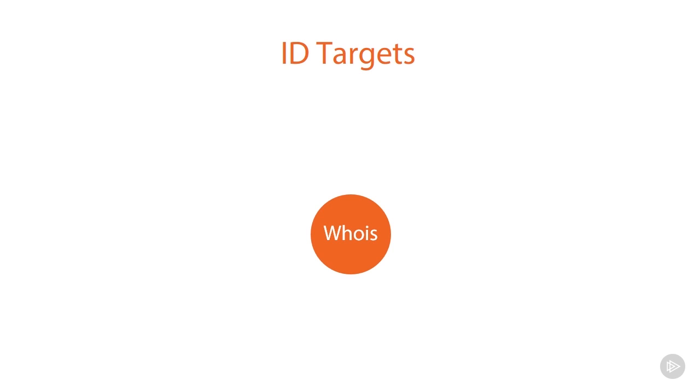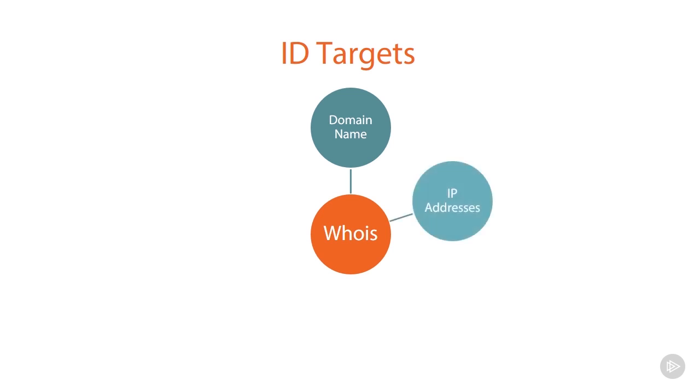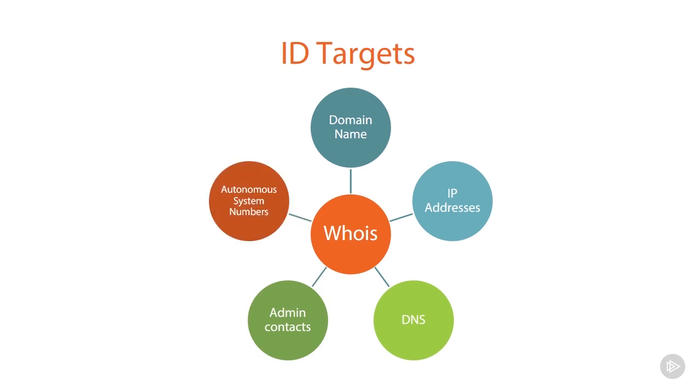And with Whois or traceroute or active Whois, we can hopefully determine things like domain names as well as IP addresses, DNS names, the administrative contacts, as well as even autonomous system numbers, or ASNs. Now, if you already did these steps back during our pen testing of reconnaissance, just reference this information so that it can help tell you more about that target.